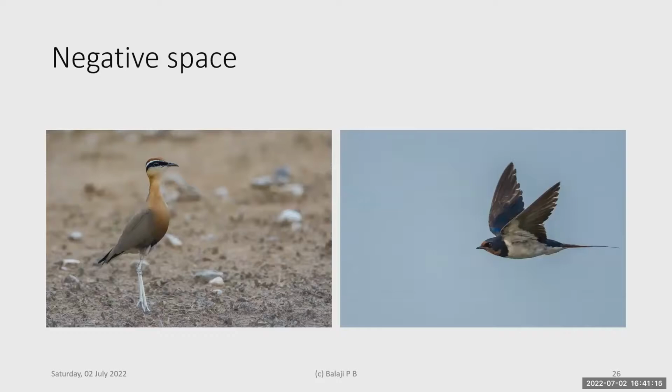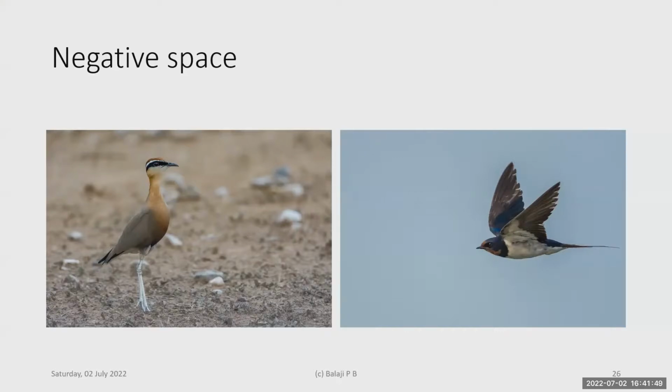Another important aspect in photography is negative space. Negative space is nothing but, let's say there's a bird or an animal which is moving in one direction. We should always frame the image in such a way that you provide some space in the photograph in the direction where the animal is looking, or in the direction where it is flying or moving towards.